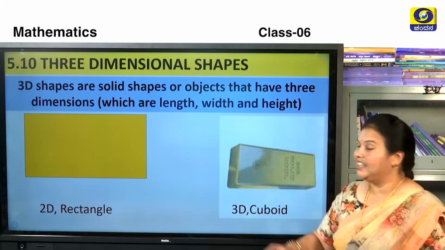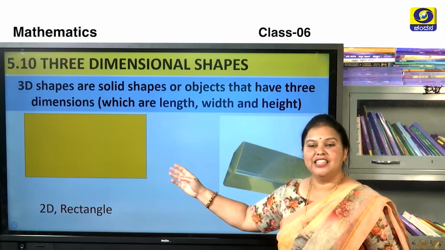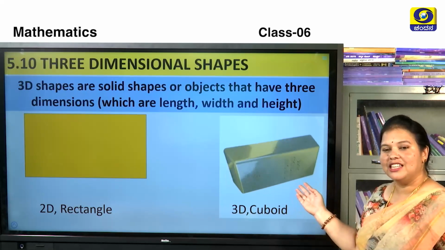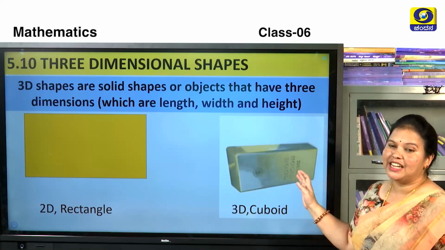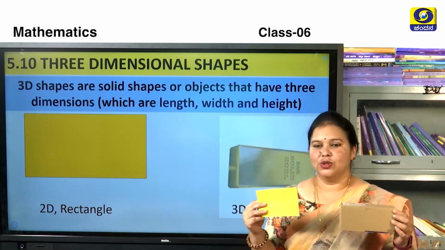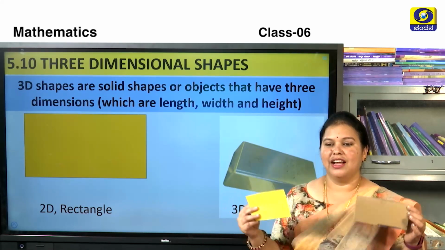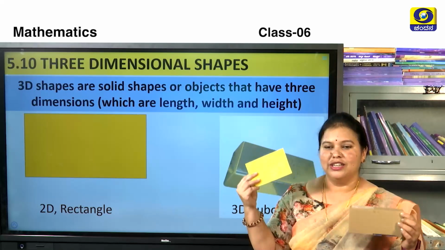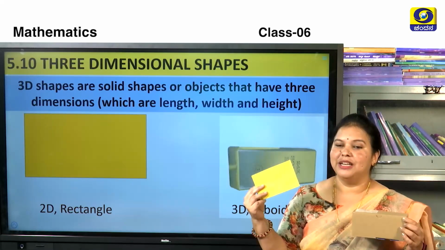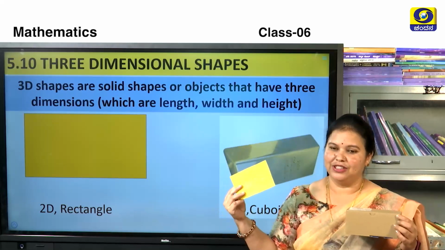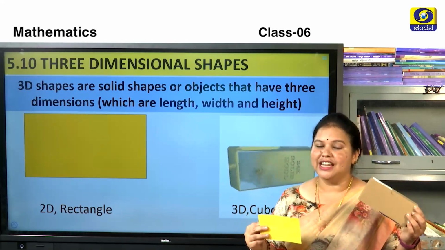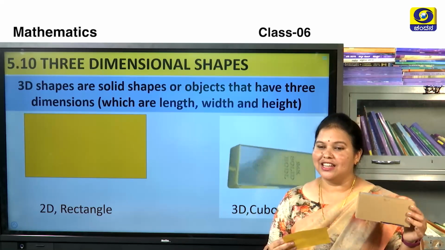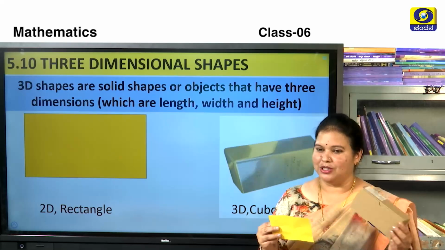Okay. See, it's a rectangle and it's a two-dimensional figure, and it is a cuboid. We call it a cuboid, and it is a three-dimensional figure. Here also you can compare two-dimensional and three-dimensional, rectangle and cuboid. So in two-dimensional we can measure only length and breadth of this shape, but in three-dimensional we can measure length, breadth as well as height or depth of this object, isn't it?